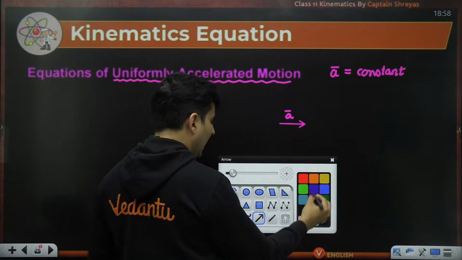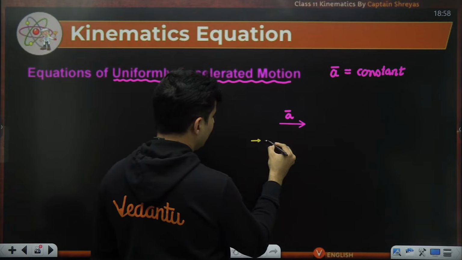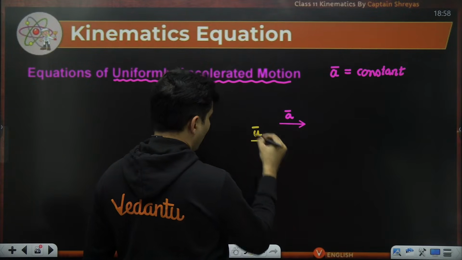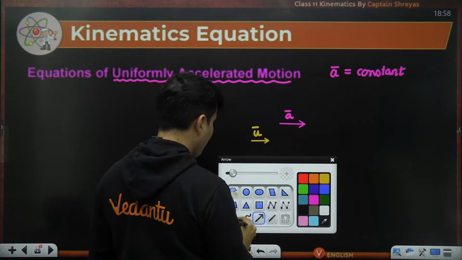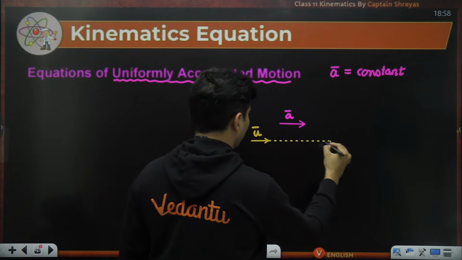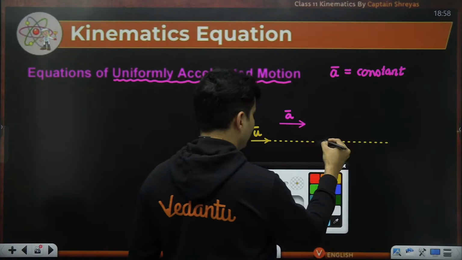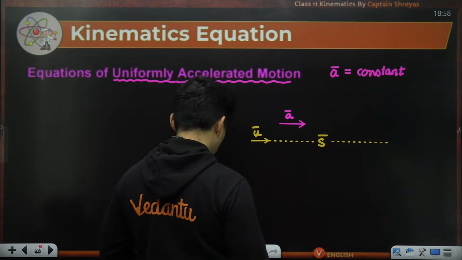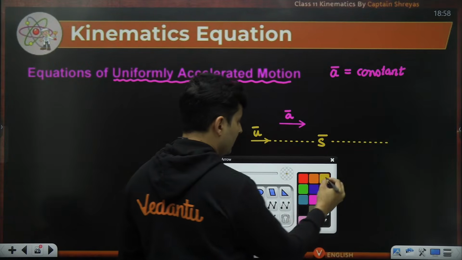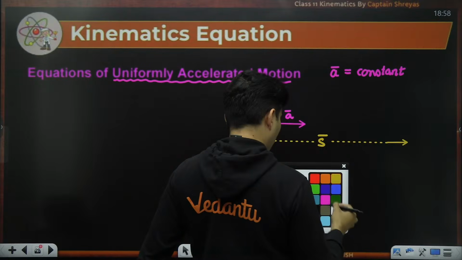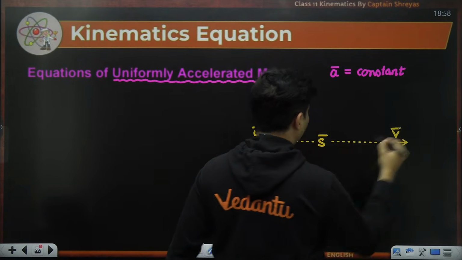And let's say this is my vector of acceleration, and maybe I had some initial velocity. Let me call it u, let's say. And I started moving. I had some kind of displacement over here. So let's say that displacement is s. And after some time, I have achieved some velocity over here. So maybe this is your final velocity.